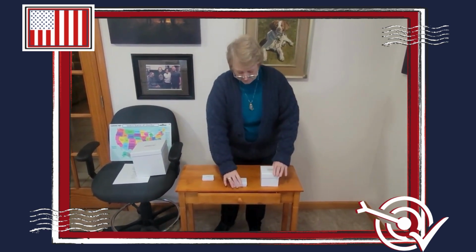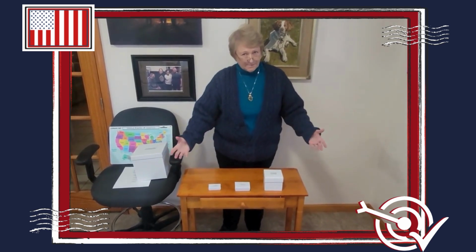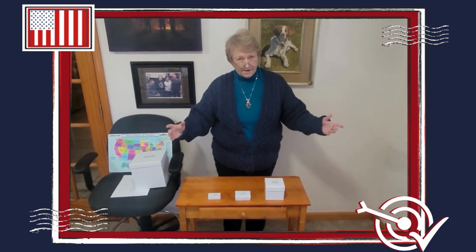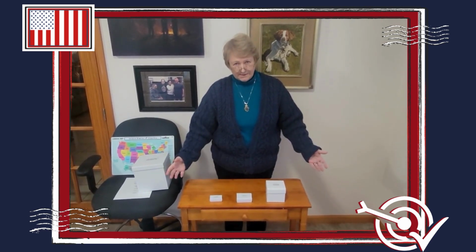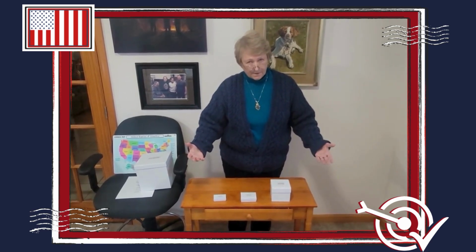All right, so I trust that now that you've seen all 6 boxes and you know that there are 3 American entities and 3 federal entities, you can begin to separate this out in your mind.